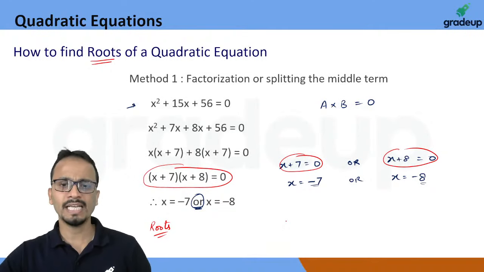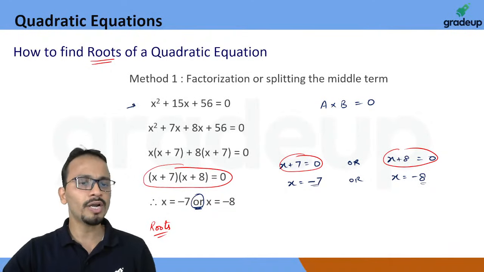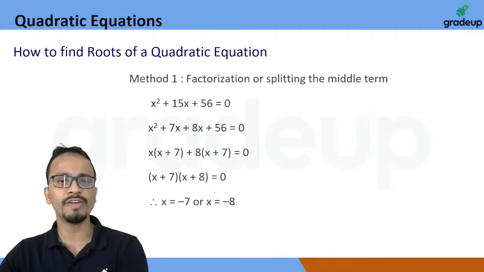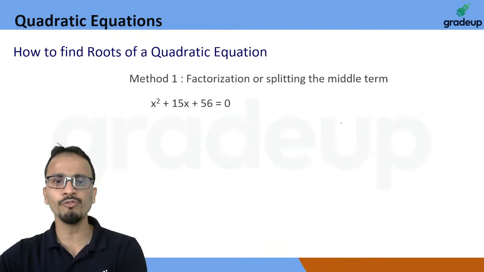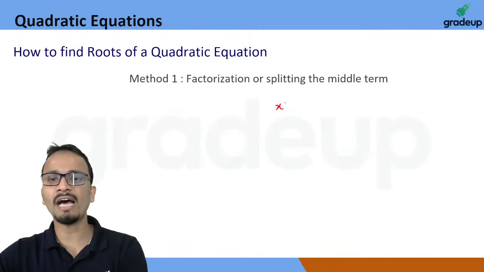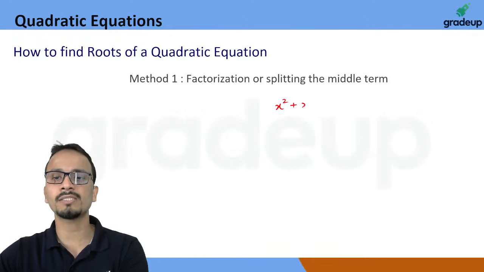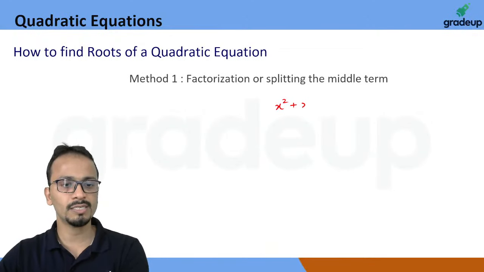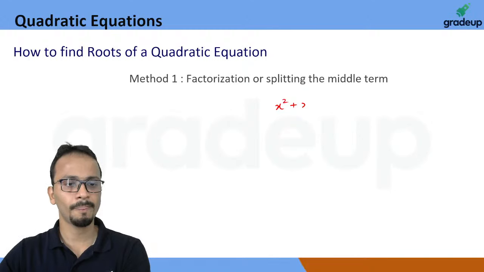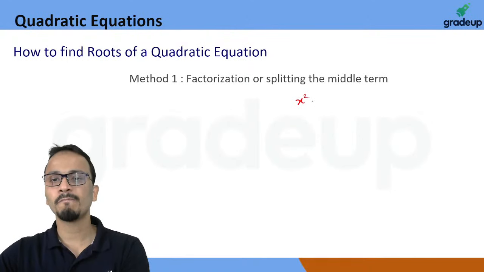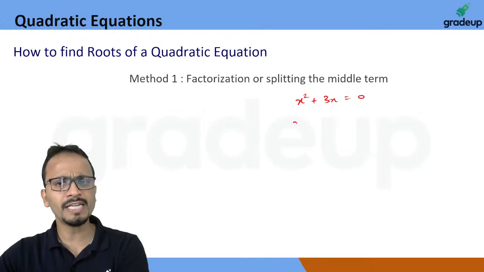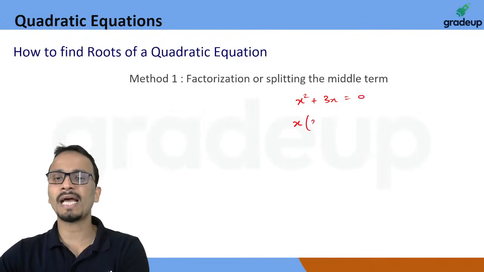But definitely, if any quadratic equation gives you the values of x as 0, I'll give you an example. Suppose I have the equation x square plus 3x equal to 0. If I take x common, x bracket x plus 3 equal to 0.